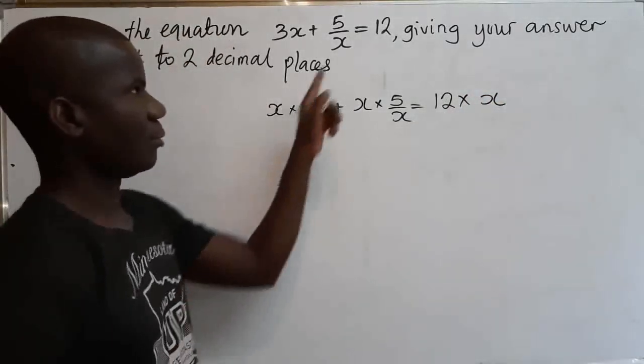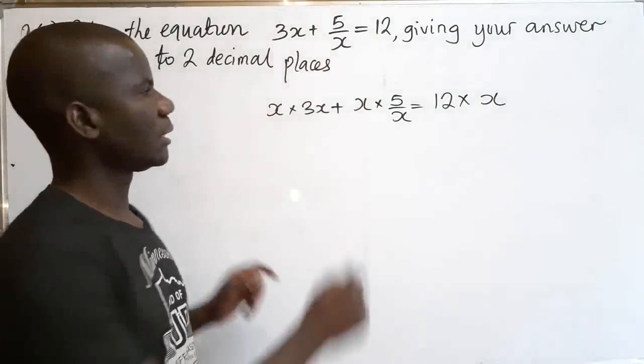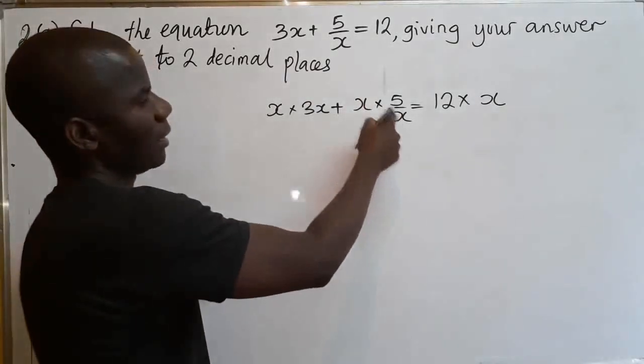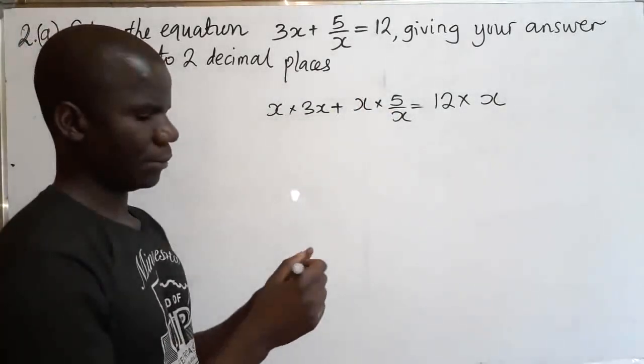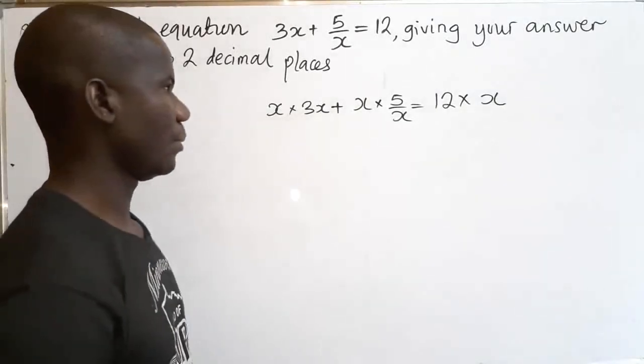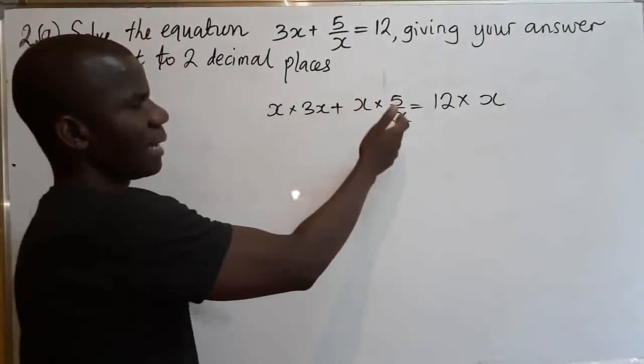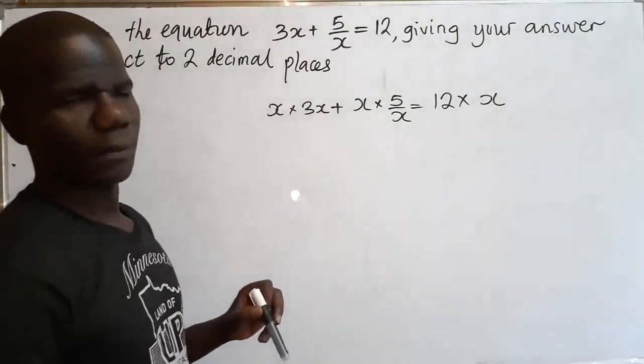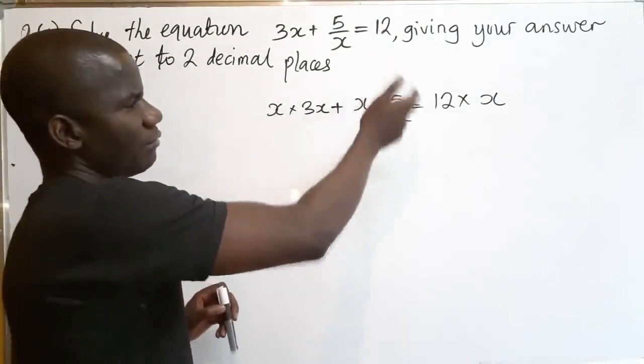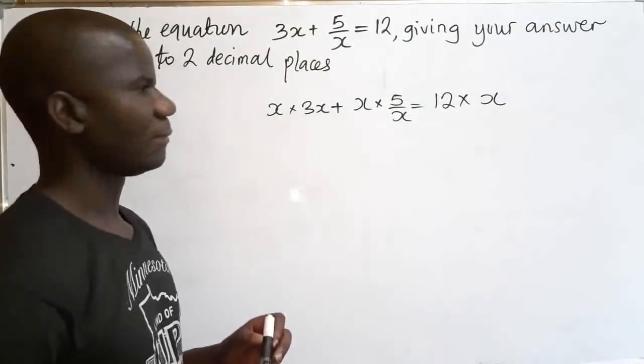The idea is that we want this x and this one to cancel each other. In other words, x divided by x gives 1, and 1 multiplied by 5 will be 5. So take note of that.